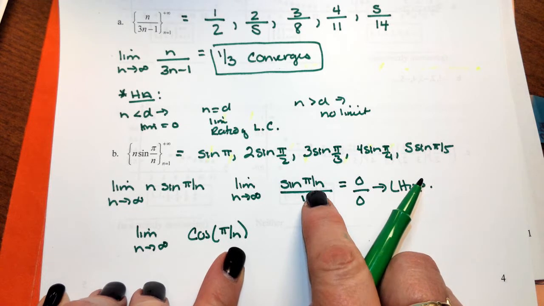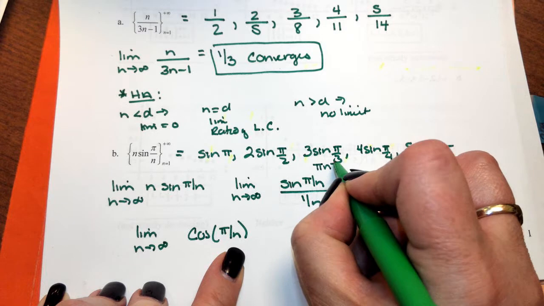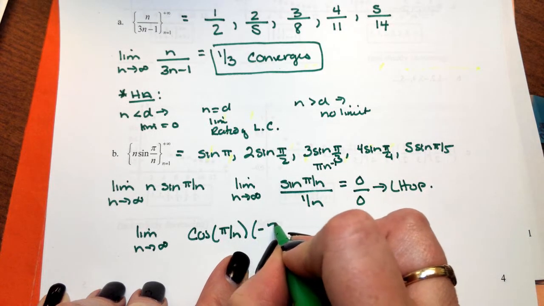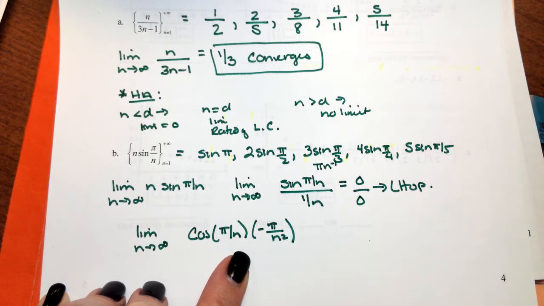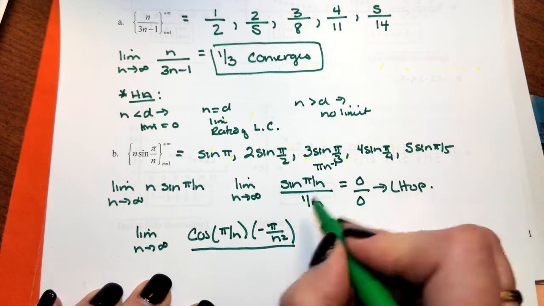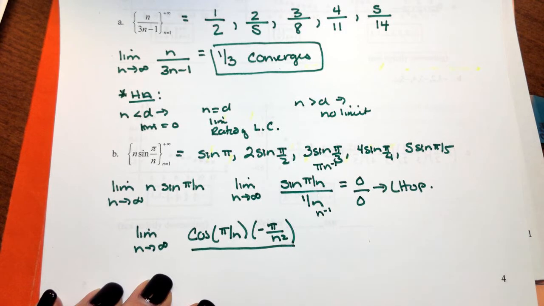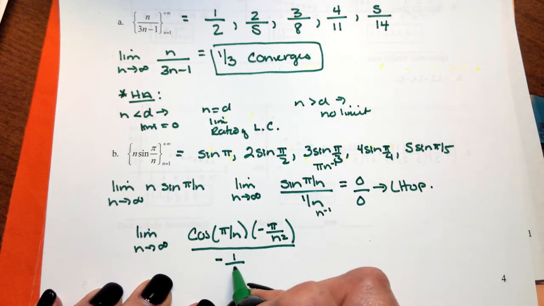You can write this as pi times n to the negative first. So this is going to become negative pi over n squared. Now I have to take the derivative of the denominator. I can rewrite 1 over n as n to the negative first, so that's going to be negative 1 over n squared.